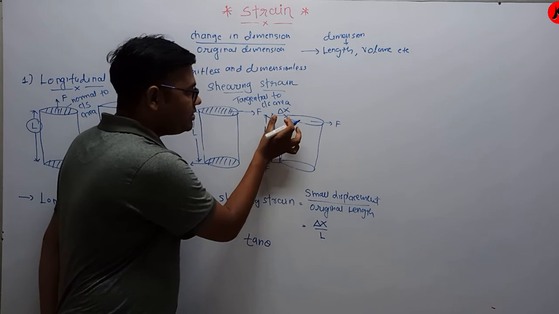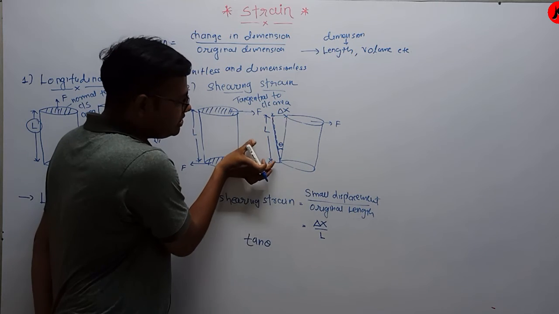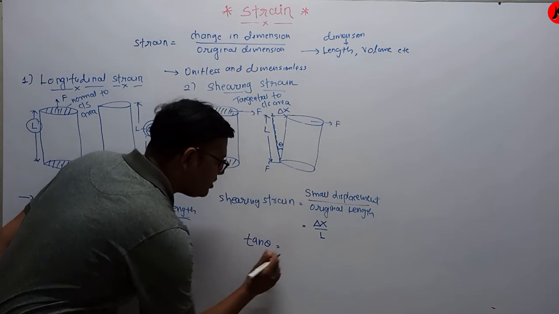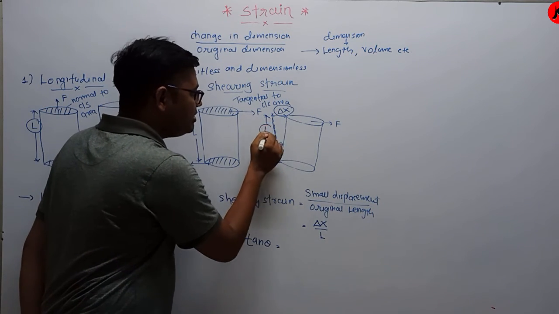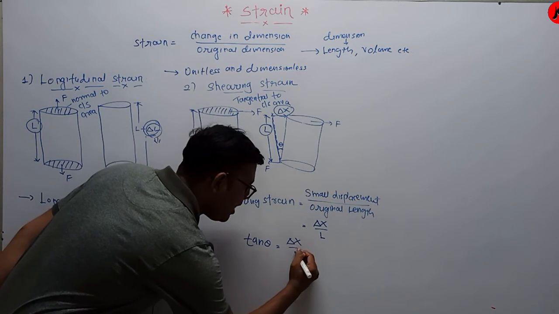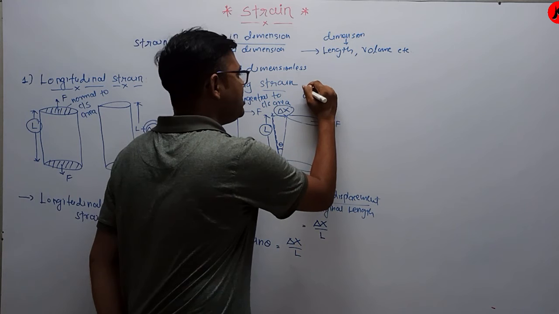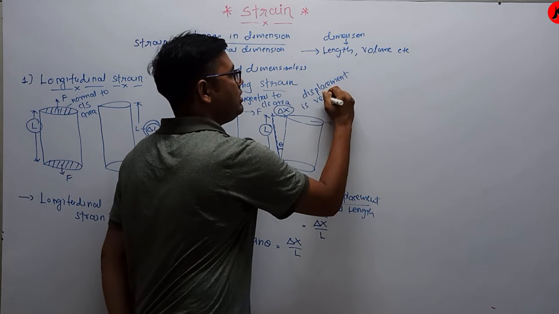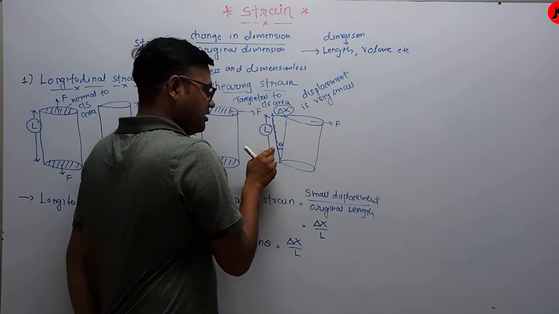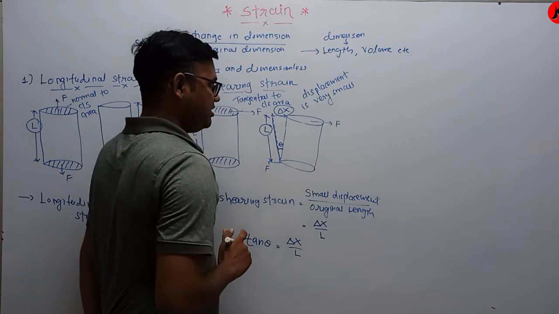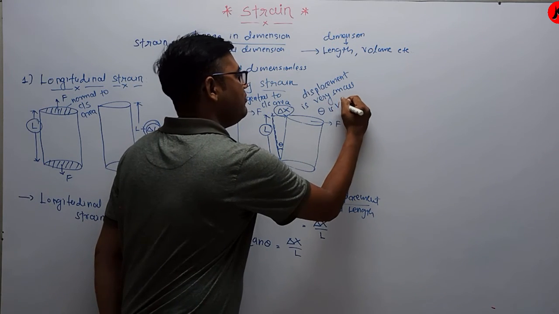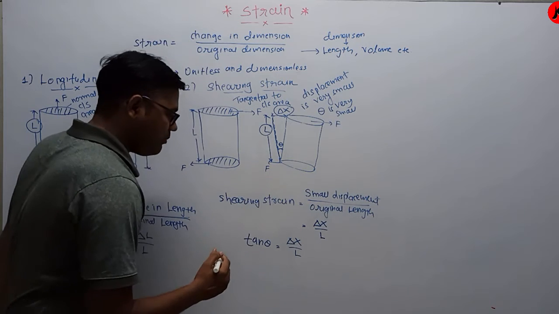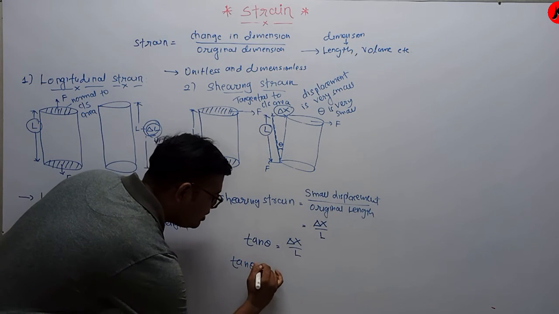Suppose this angle is theta, this is the small displacement delta x, and this is the original length of the cylinder, L. From this we can write tan theta, which is this side divided by this side, means delta x by L. Here this displacement is very small from the vertical position, which means theta is very small, and if theta is very small, we can consider tan theta equal to theta.